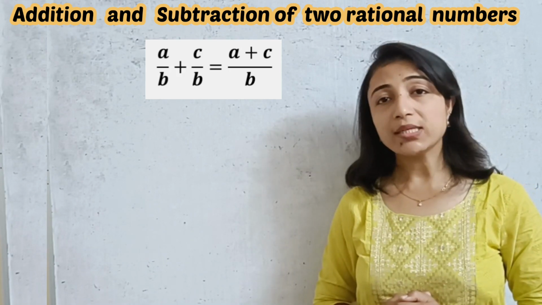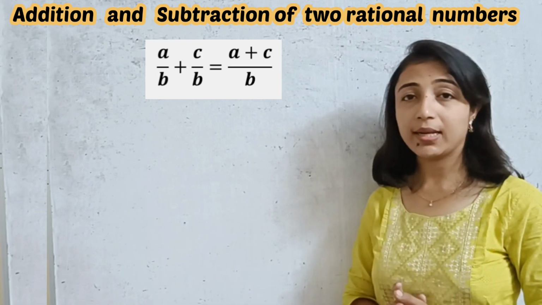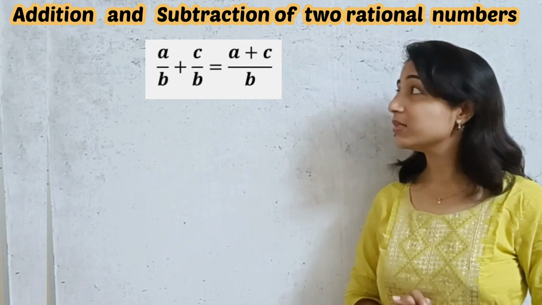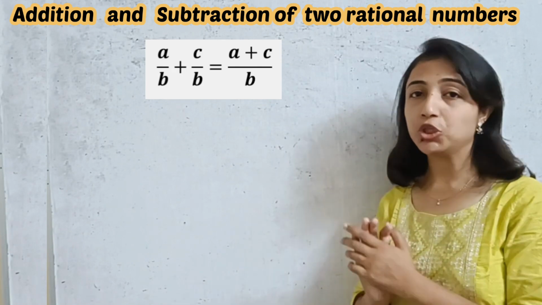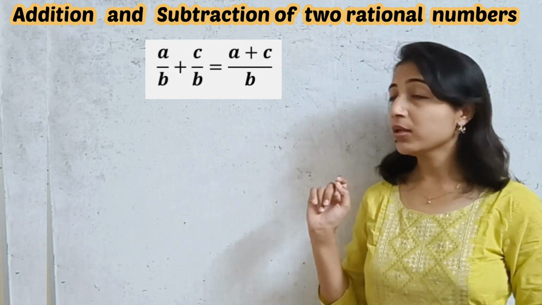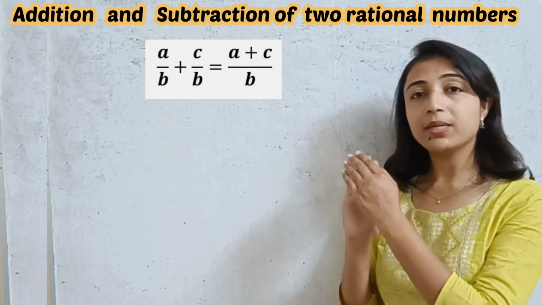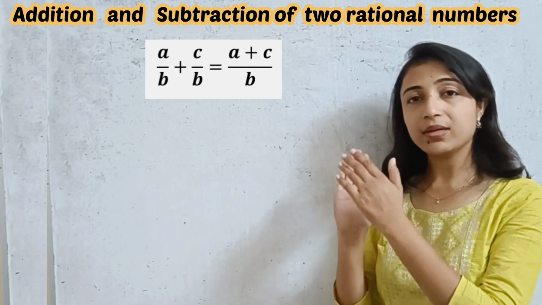If two rational numbers have the same denominator, you can add their numerators directly, so you write a plus c divided by b. I am taking the direct addition of the numerators, but don't add the denominators. You only take the denominator as it is, because both have the same denominator, you just add their numerators.